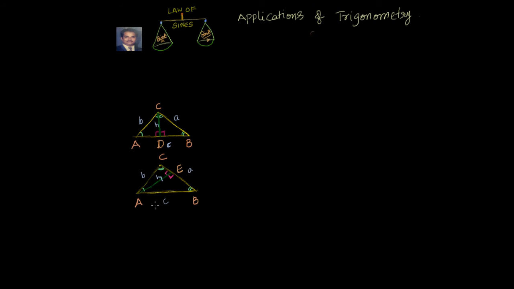I have taken the same triangle, only here I have taken the base of the triangle as AB, and the altitude equal to small h. In the second case, you can see that the base is equal to BC and the altitude is equal to h1.